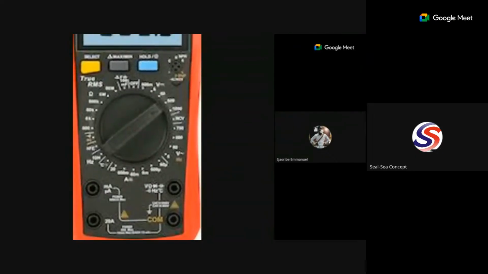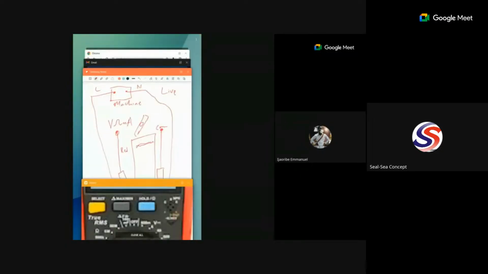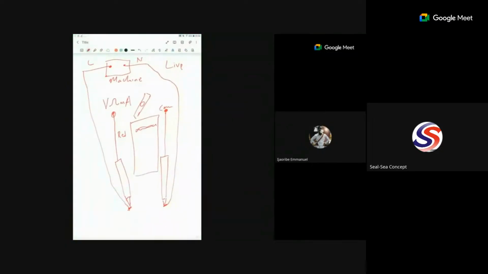So you will set your knob to either DC current, so you see it as DC, or AC current. So if it's AC you are measuring, your knob should be set to what? AC. If it's DC you are measuring, your knob should be set to what?